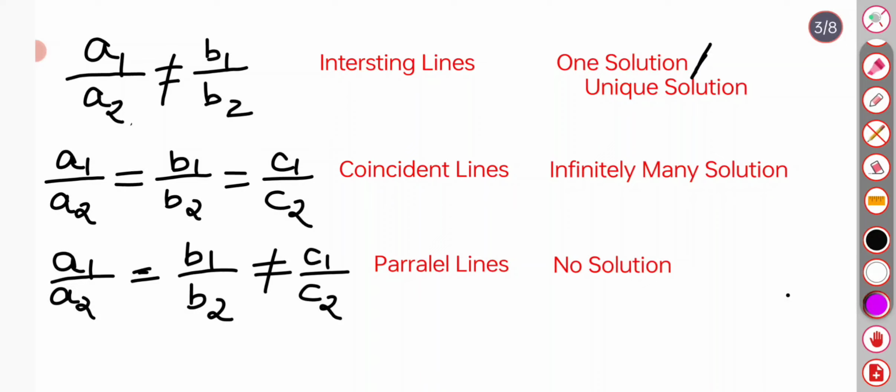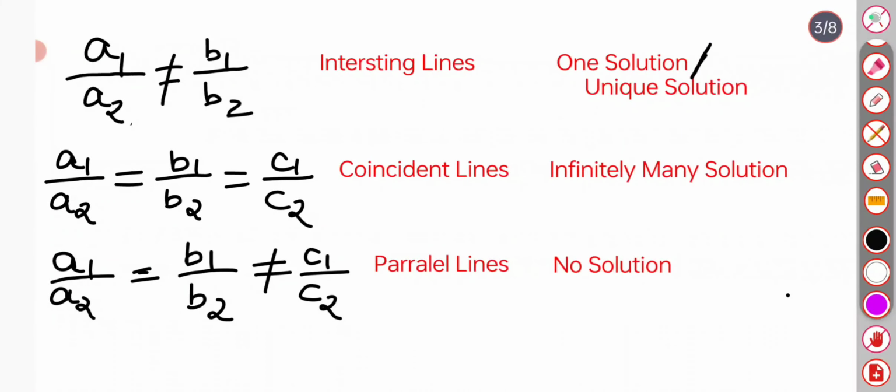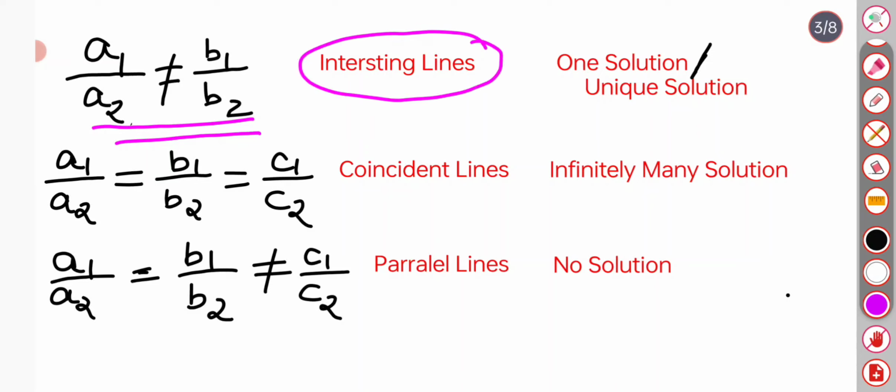Now suppose you get a1 by a2 not equal to b1 by b2. In this case our graph will be intersecting lines, and it will have only one solution or unique solution, because intersecting lines intersect at only one point, so that's why it will have only one solution.